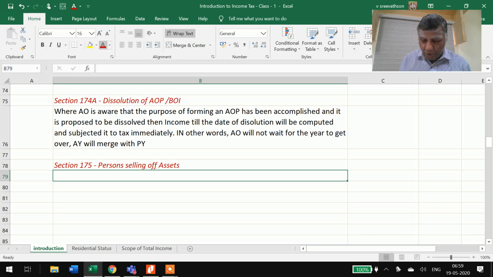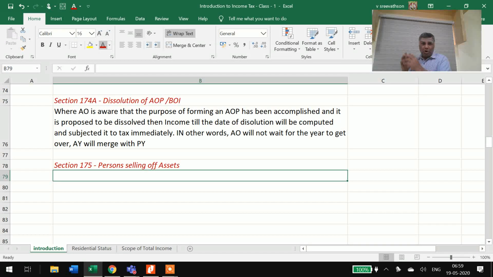You are selling the asset only during the middle of the year. In normal circumstances, you can pay the tax later, that is after the year is over. No doubt about it. You have that option.